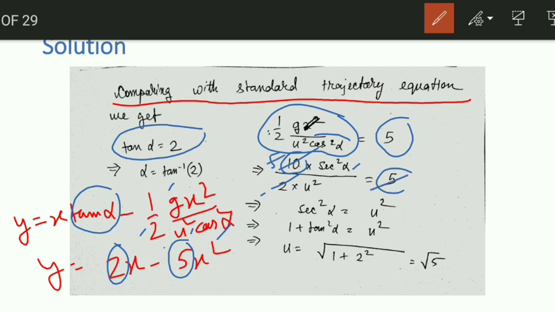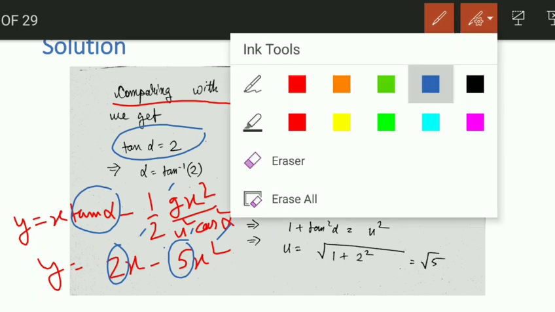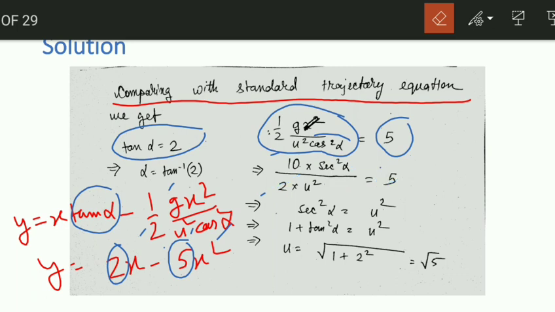So u square will be sec square alpha. So 1 plus tan square alpha is u square, and we already know tan alpha is 2. So u will be the root of 1 plus 2 square, that is root 5. So by comparing we can easily do it.